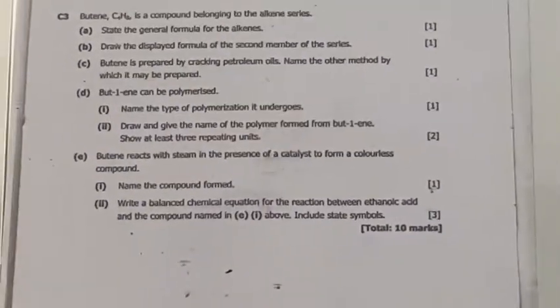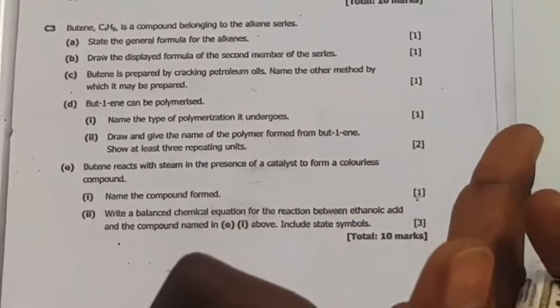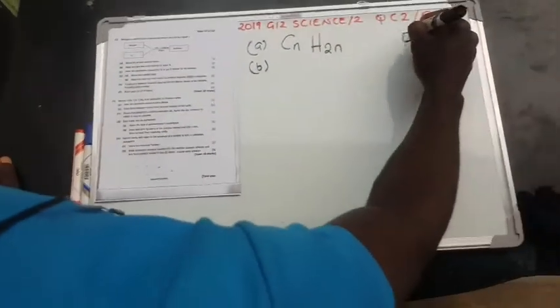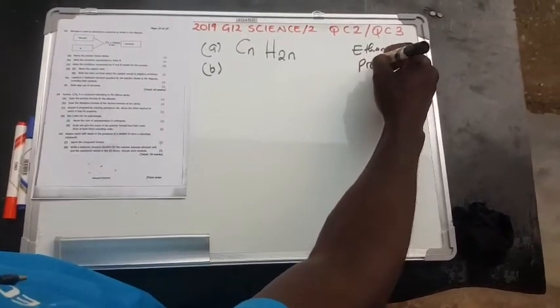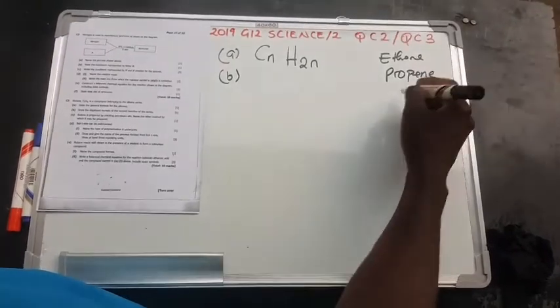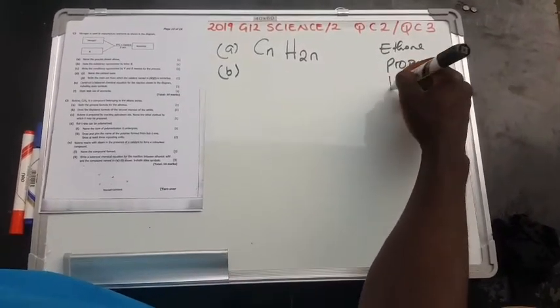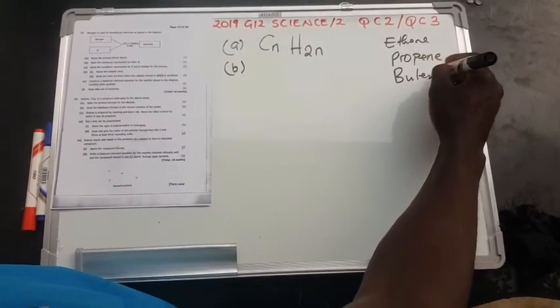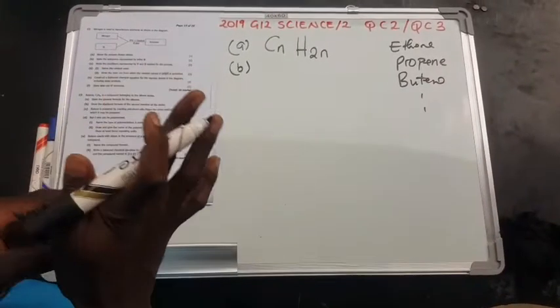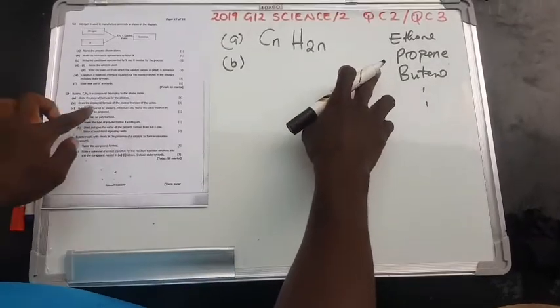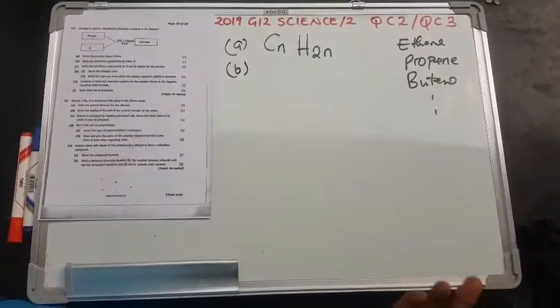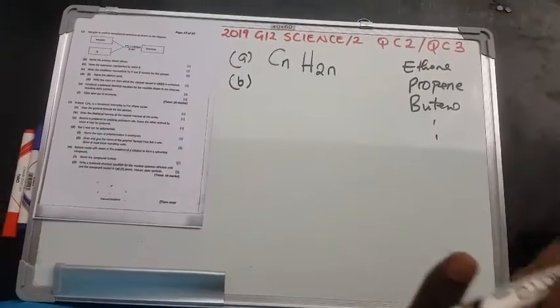Then B is saying, draw the displayed formula of the second member of the series. Now we know that the alkenes start from ethene, propene, butene, and so on. So the second is propene, of course. So we are going to draw propene, and propene has got 3 carbon atoms.